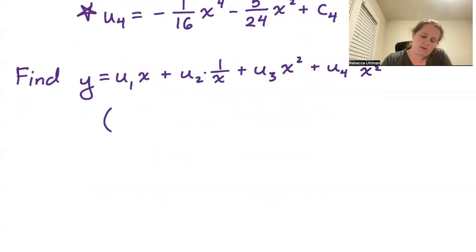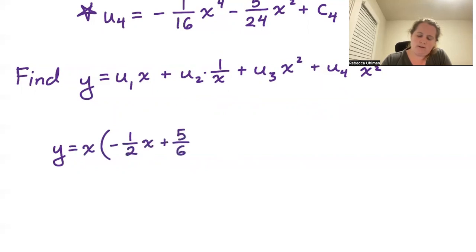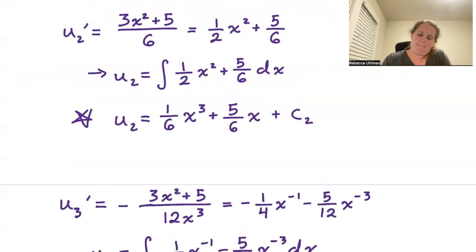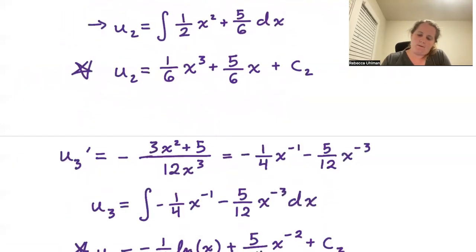So we have y is equal to x times negative 1/2 x plus 5/6 x to the negative 1 plus c1.